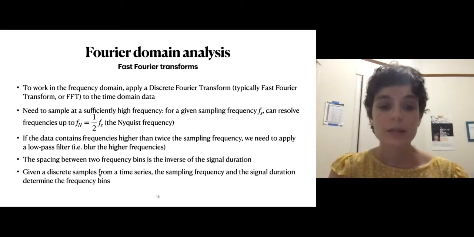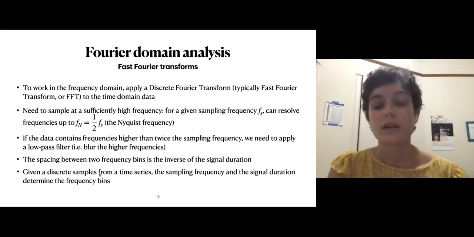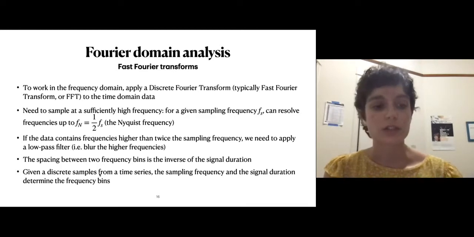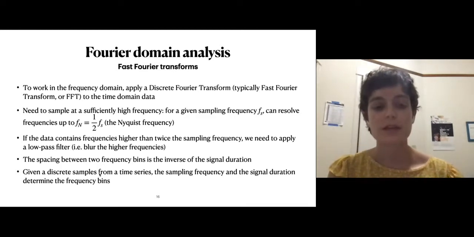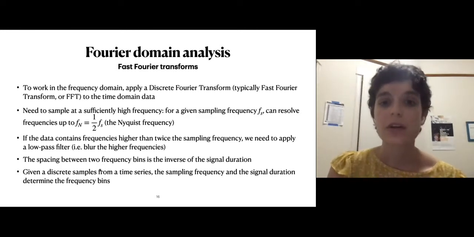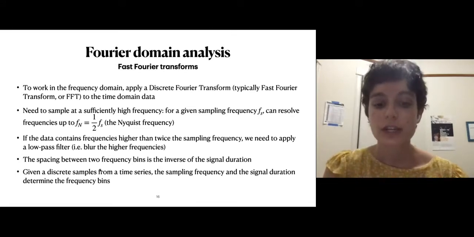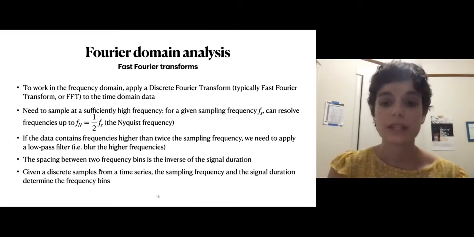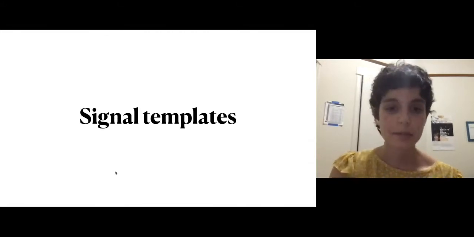And given discrete samples from a time series, the sampling frequency and the signal duration determine the frequency bins. So this just gives some background on how to go from your discrete samples in the time domain to samples in the frequency domain. Okay, so that was some background about detector noise, what it means to be stationary and Gaussian, and some brief review of taking Fourier transforms and working in the frequency domain.